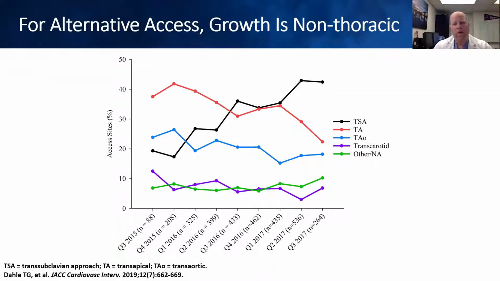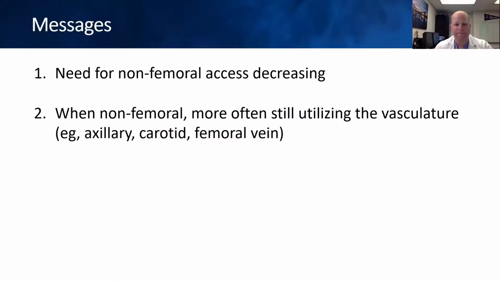When one does turn away from transfemoral access in TAVI these days, what we're seeing is that most of that growth, or most of the non-femoral access, is non-thoracic, meaning it is not surgical access from the LV apex or the aorta, but rather using conduit vessels throughout the body, whether that's the axillary or the carotid or transcaval, etc. That's really where we're seeing the growth among this diminishing population of non-femoral access cases.